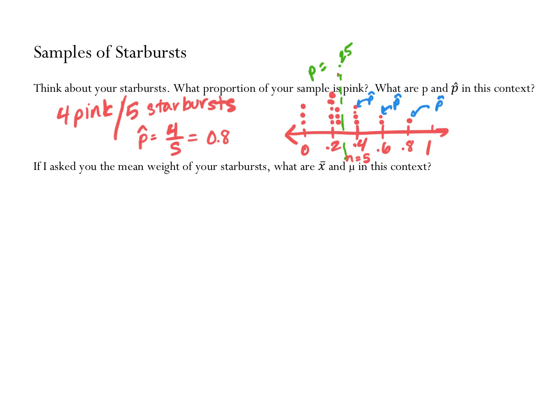Sorry, interrupted by the dogs for a hot second, guys. Okay, so the graphs can tell us p equals 0.25, but that p would be what I would call the true proportion of pink. In other words, the proportion of pink of the entire bag of Starburst, if that's our population.